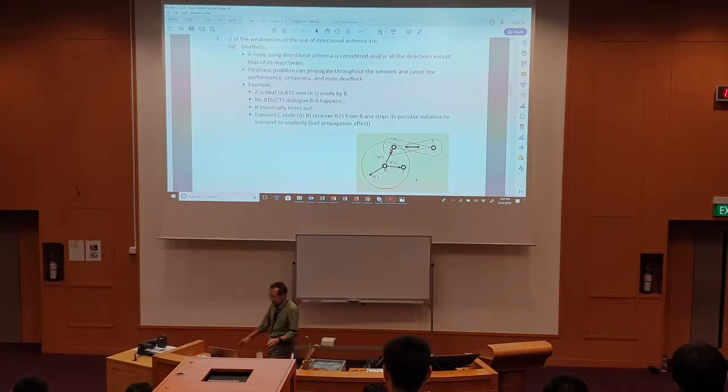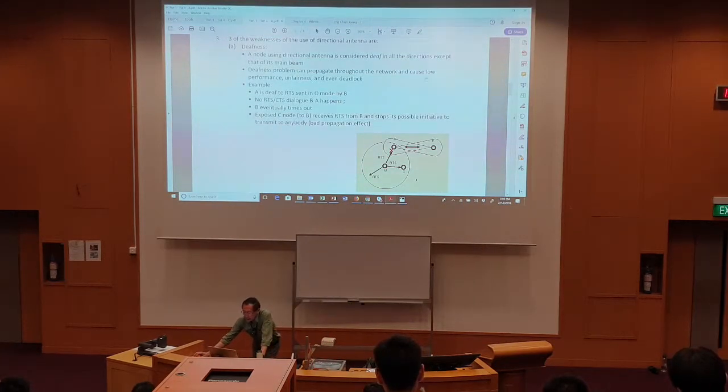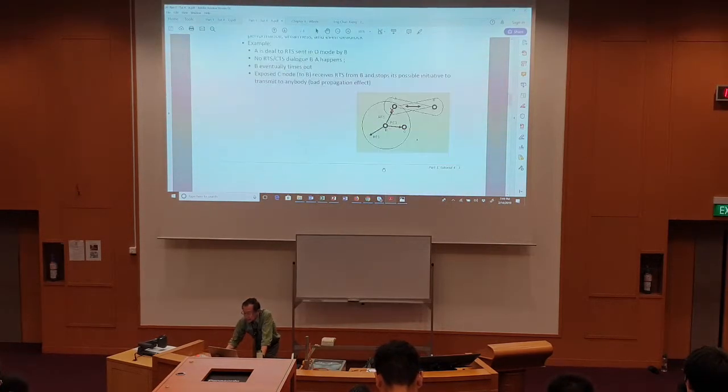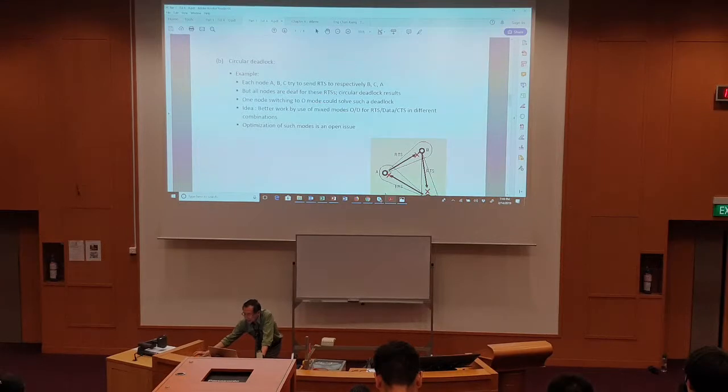So in this example, we saw that A is deaf to the RTS because A is pointing in this direction. So this guy wanted to transmit, he didn't hear this RTS. Right? So that's deafness. Right? Okay? Then the next one is circular deadlock.